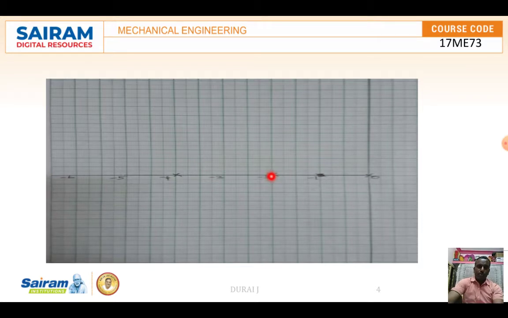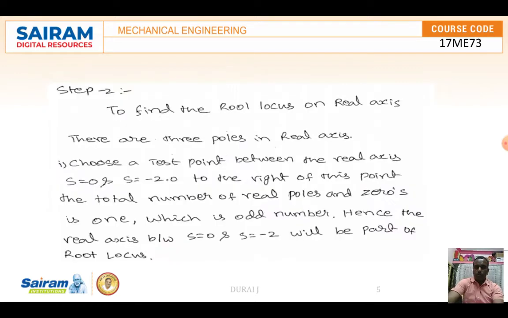The pole under our hand we leave out. From here to the right there is only one pole and no zeros, so it is an odd number, so it is part of the root locus.